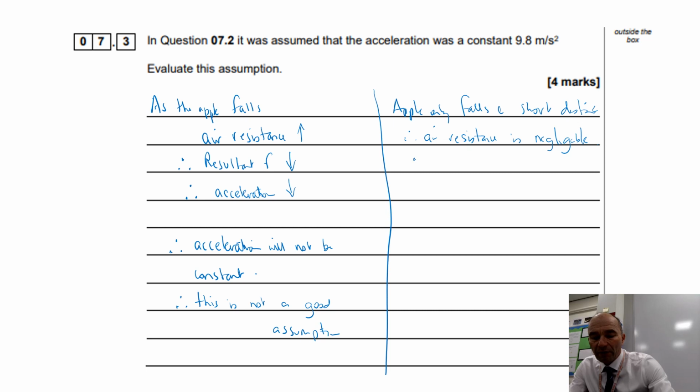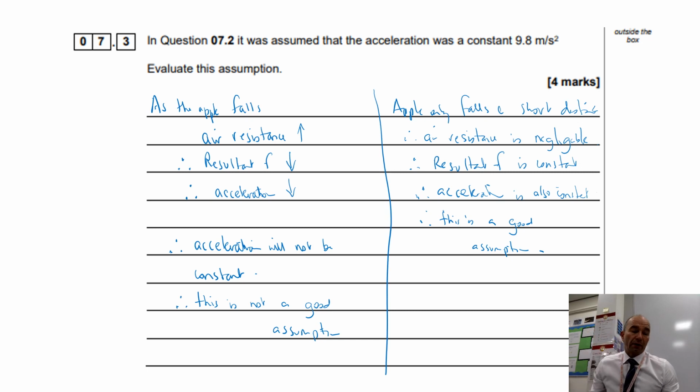So it means that the resultant force is constant, which means, because of course F is directly proportional to acceleration, that acceleration is also constant. Therefore, this is a good assumption.